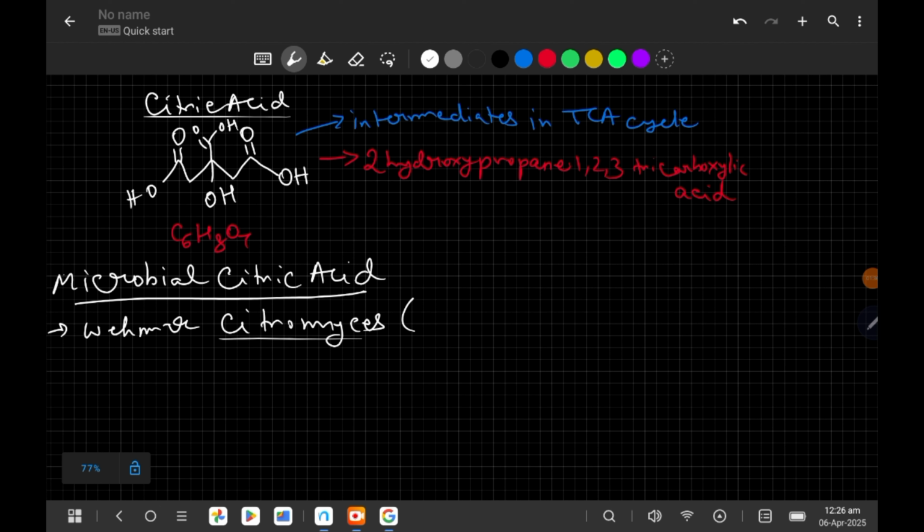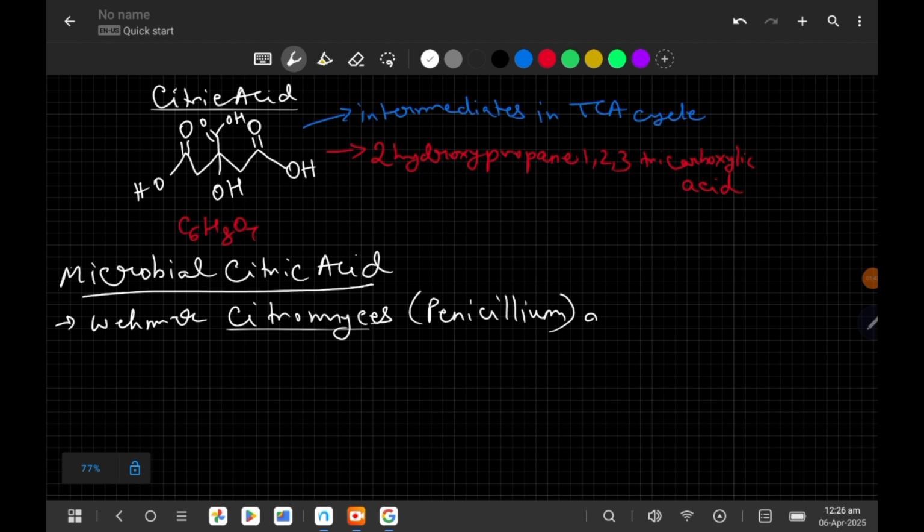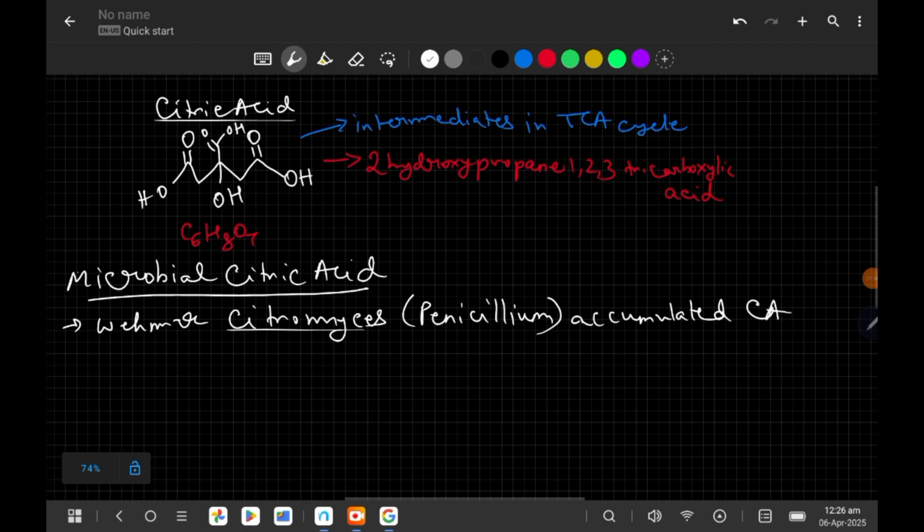Citromyces, now named Penicillium, accumulated citric acid in a culture medium containing sugars and inorganic salts.